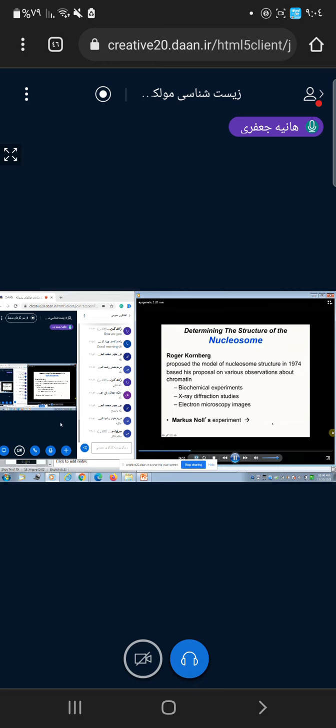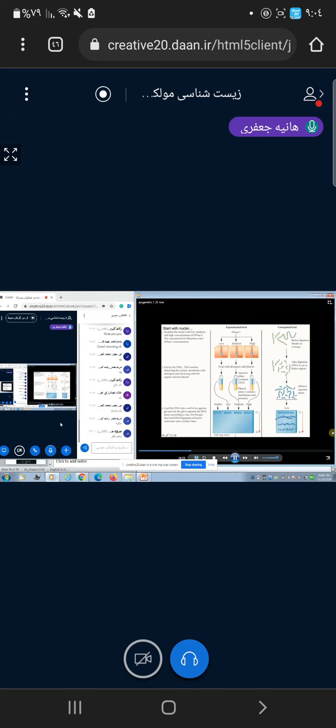Markus Noll's experiment, however, gave us a very visual and easily interpretable result to understand how DNA is wrapped around the nucleosomes. His experiment began with nuclei, not extracted DNA, but actual nuclei.